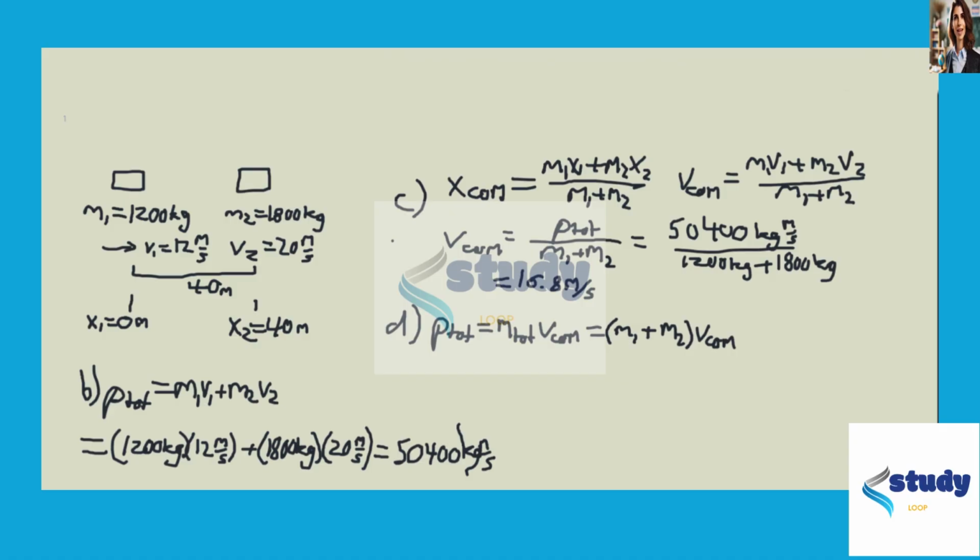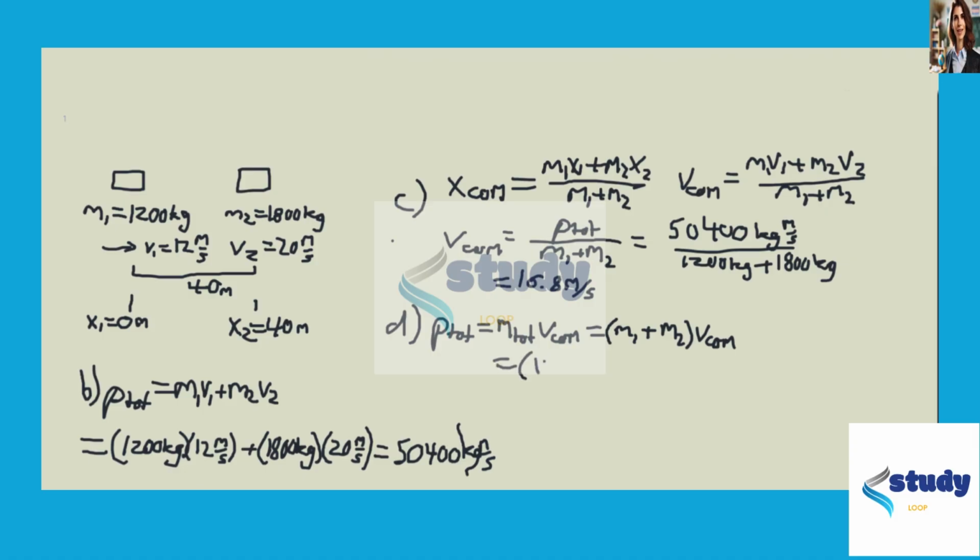Now we can already see that this is going to give us back the total momentum, because this multiplication is just undoing this division. So what we'll have is m1 plus m2 multiplied by p tot divided by m1 plus m2. Those m1 plus m2s are going to cancel and just leave us with p tot. We can already see that, but it's good to demonstrate just for the purposes of calculation.